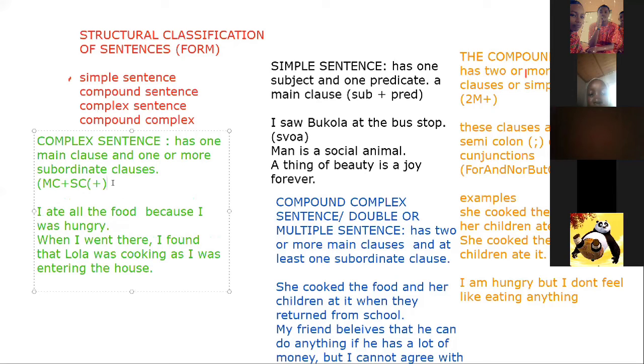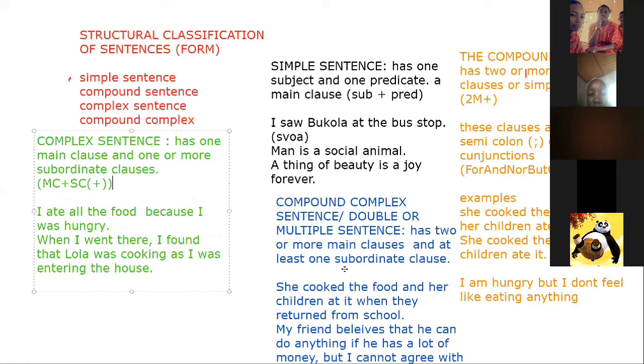So MC plus subordinate clause, one subordinate clause or plus. That plus means more than that one. Do you get that? What I'm trying to say?